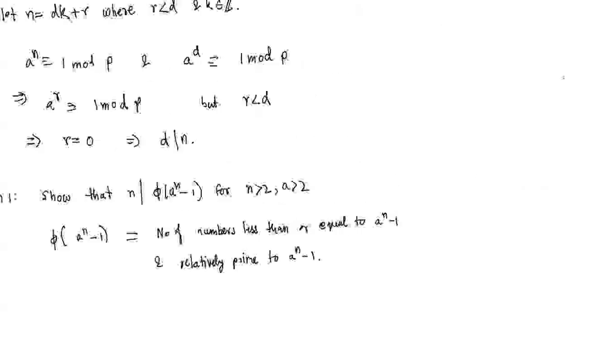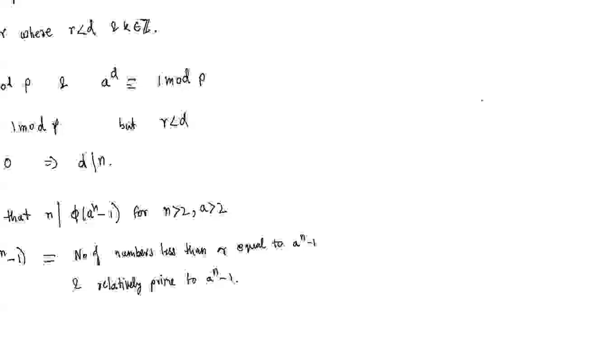So let me write it here so that everybody can see. Ideas usually involve using orders. One is we know that the order divides n if a to the power n is 1 mod m. We will also be coming across the prime ideas, like using the smallest prime dividing n, and so on.